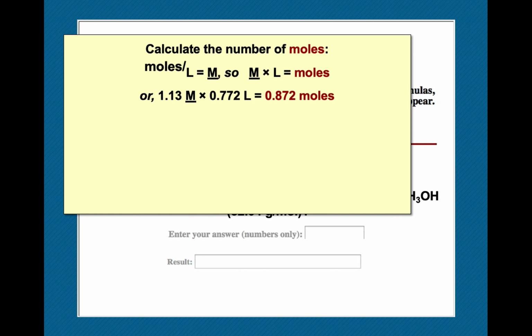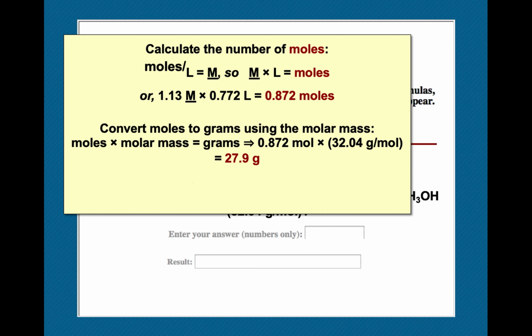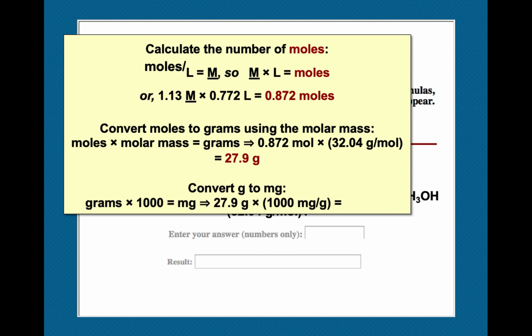Substitute in, we have 0.87 moles. Convert this using a molar mass, and moles times molar mass is grams. Multiply them out, we have roughly 28 grams of stuff. The problem asks for milligrams, 1,000 milligrams per gram, multiply it out, 27,900.